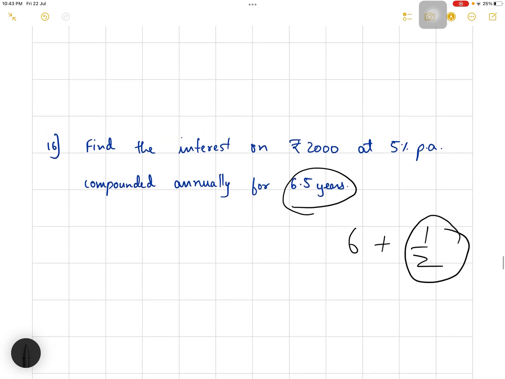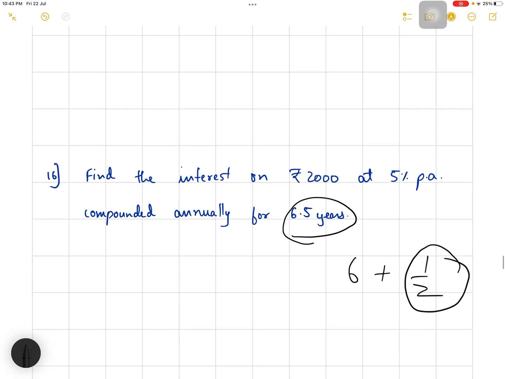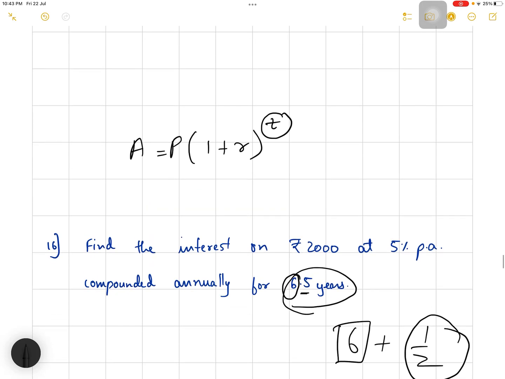In that case, the formula is, amount is equal to P into 1 plus r raised to t, where you will take only 6 years, you will not take 0.5 years. You will not take that half, you will take only the full number of years. So here t will be 6 in this question, and then in one more bracket you will take the remaining 0.5.